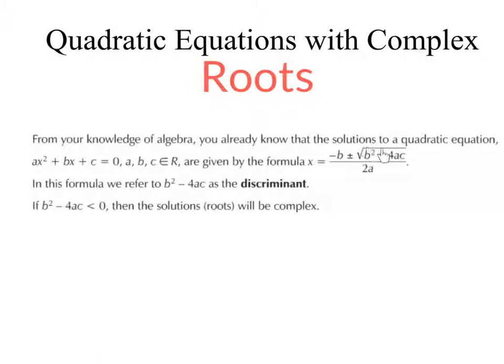So if you had a minus underneath your root, for example the square root of minus 16, if you were to put that into the calculator, it would tell you that there was an error, because technically you cannot get the square root of a negative number, because any number squared will always end up giving you a positive number. So for example, minus 4 multiplied by minus 4 gives us positive 16, because a minus by minus is a plus.